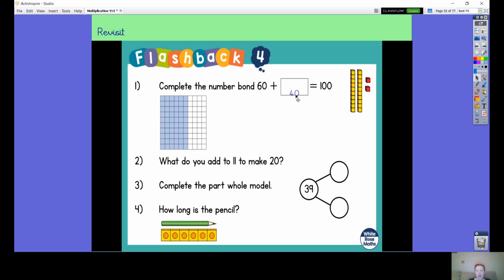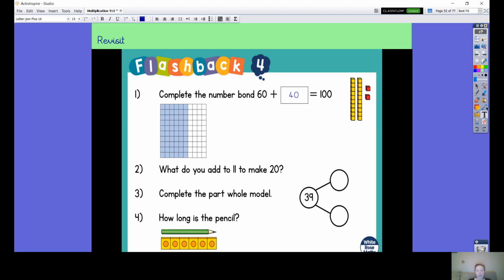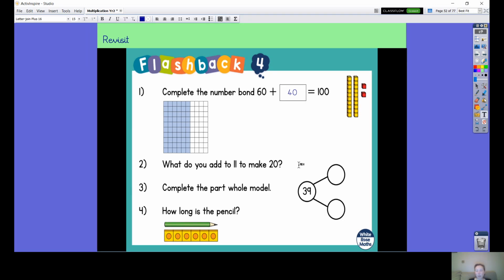And a little way to check that would be, I know 6 add 4 is 10, so 60 add 40 is 100. Okay, what will you add to 11 to make 20? So 11 count on 9 gives us 20.